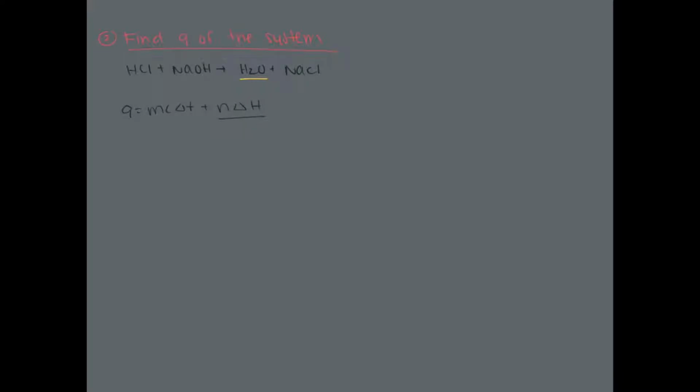Now let's rewrite our variables so that we don't get confused. M is our mass of water, right? But we were only given the volumes of hydrochloric acid and sodium hydroxide. Since both of those together gave us water, we're going to add the two: 60 plus 20 gives us 80 milliliters of water. Water has a density of 1 gram per milliliter, so that gives us 80 grams of water.